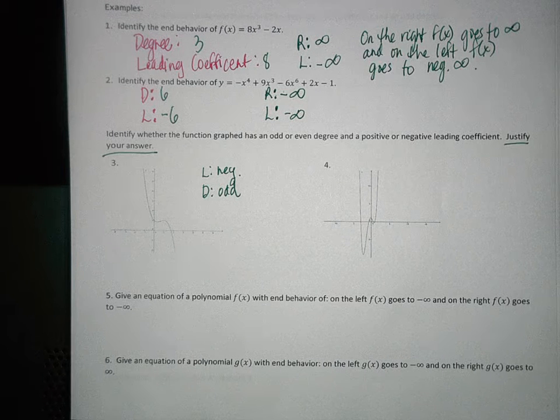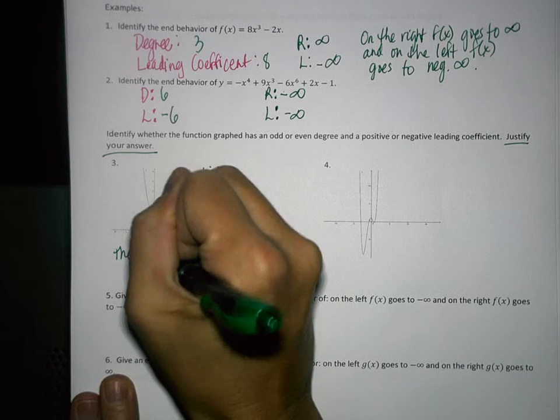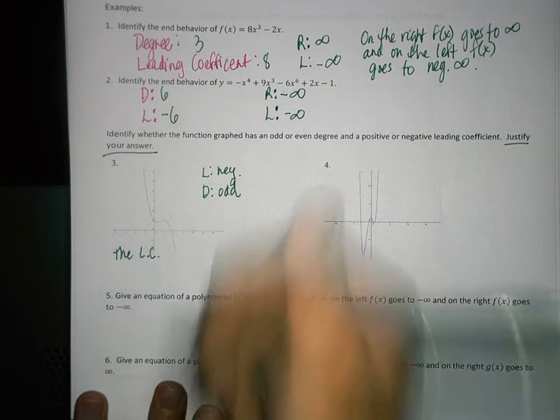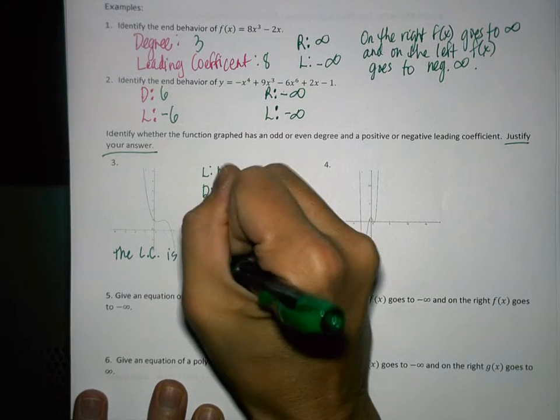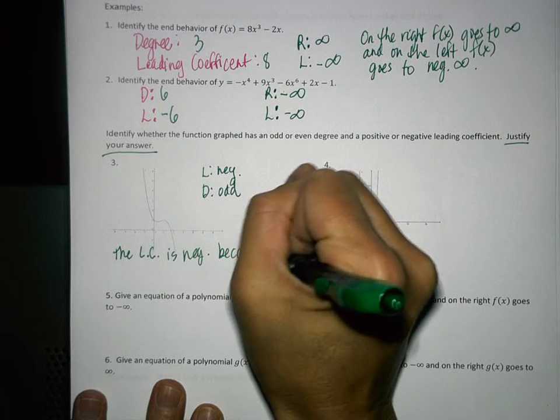So now we need to write this in words, what we just said in words. Okay? And so the leading coefficient, and I'm just going to put LC to save myself a little bit of time. The leading coefficient is what? Negative. Because why? Good.